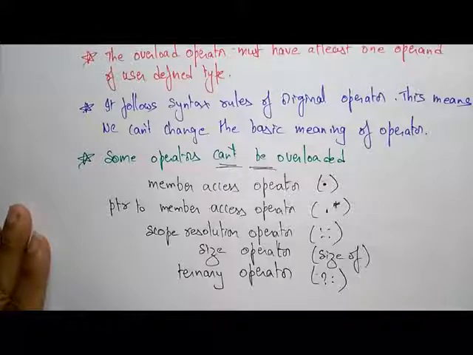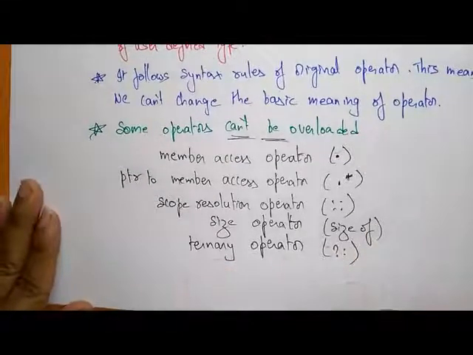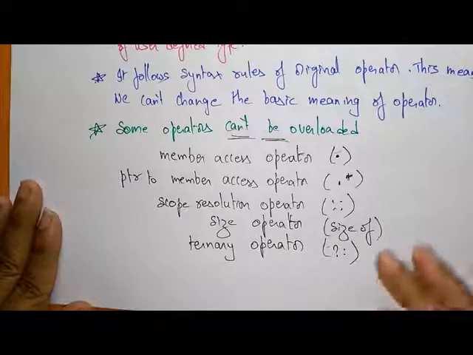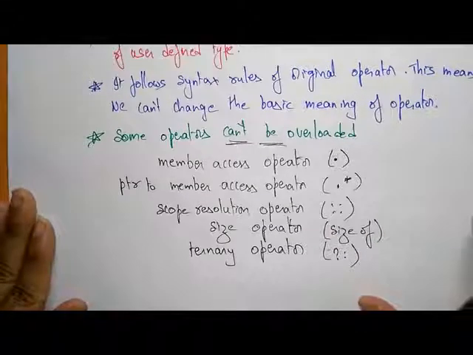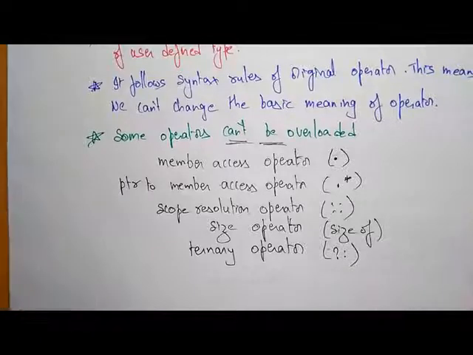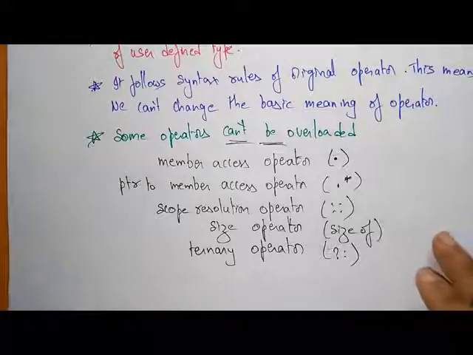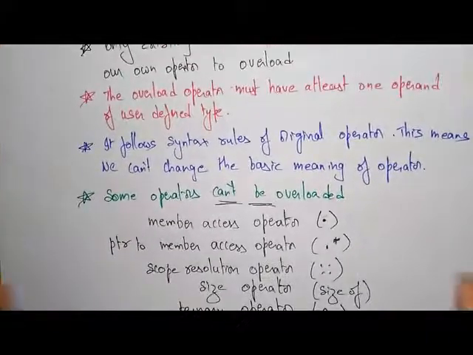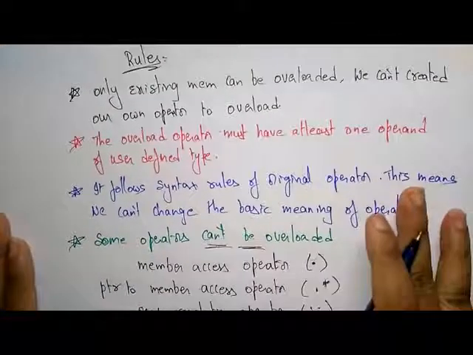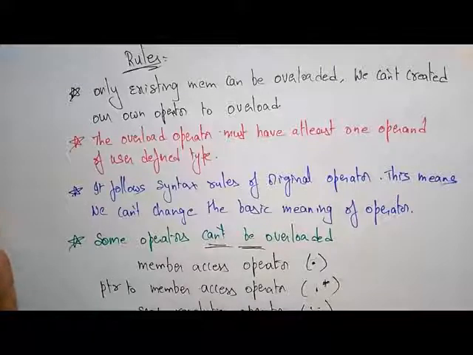That thing you have to remember. And we cannot use friend functions to overload some operators. You are not able to use the friend functions to overload some of the operators, like equal to, function call, class member access operators, like that. So these are the different rules you have to follow while you're using the operator overloading.